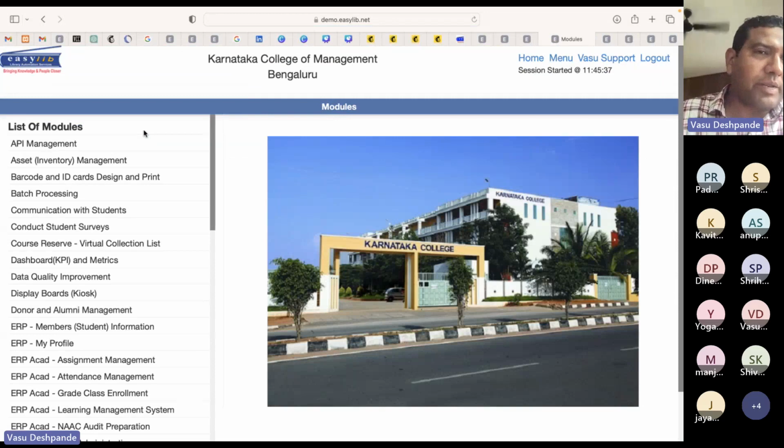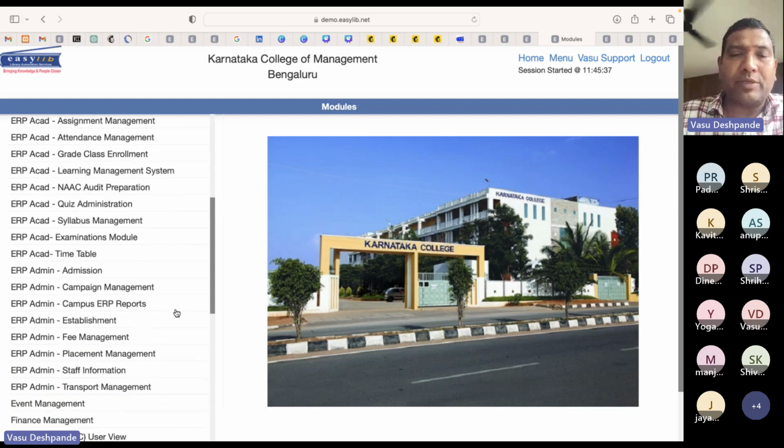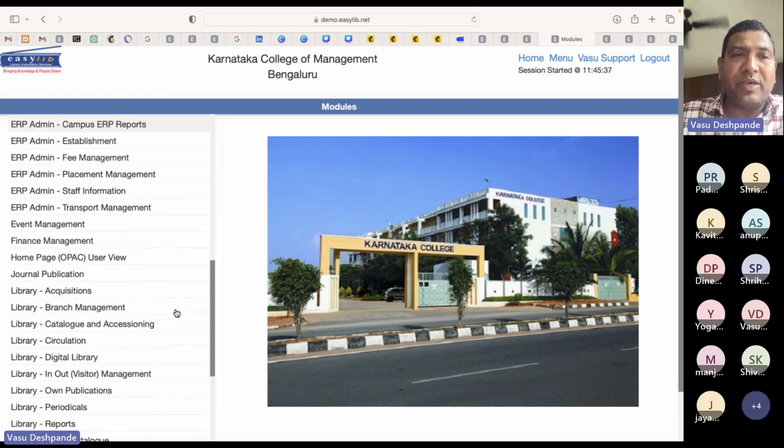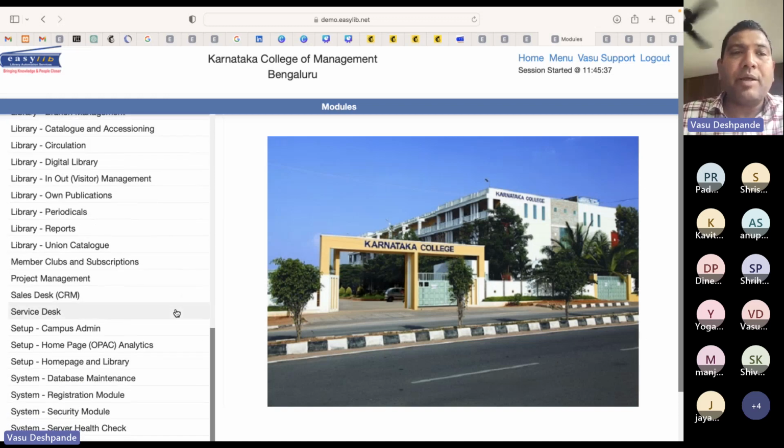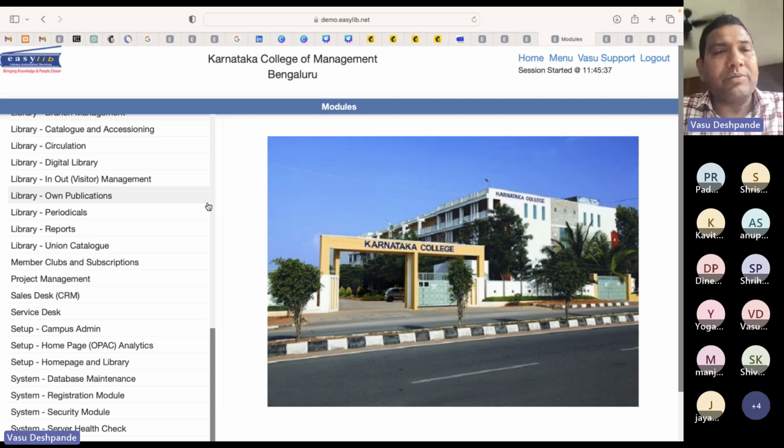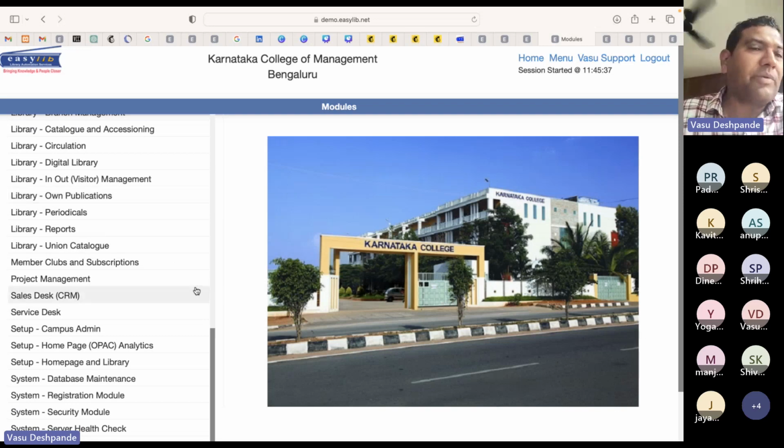One on the inventory module, another about the barcodes and ID cards, the communication one, student satisfaction, the dashboard, the project management, the admissions, attendance, student information, staff, exams, timetable, transport, fees, placement, internship, the member club, the library management, and so on. A lot of these we are going to cover in the webinar.